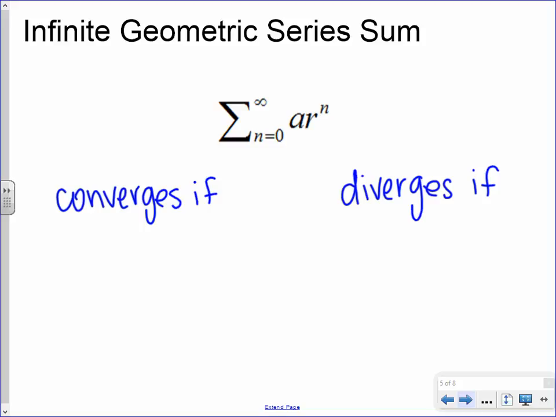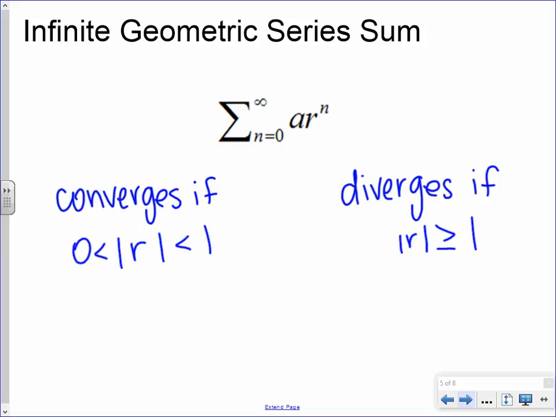If the absolute value of r is between 0 and 1, then that series will converge. And we're going to be able to figure out what it converges to. If the absolute value of r is bigger than or equal to 1, then that series will diverge.